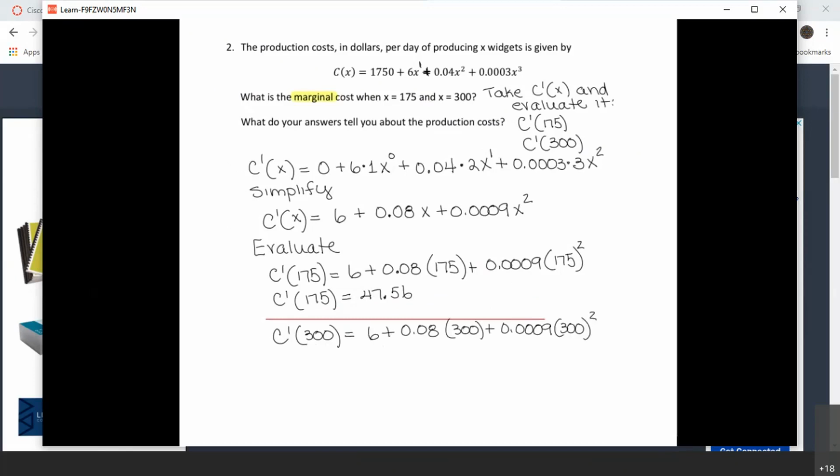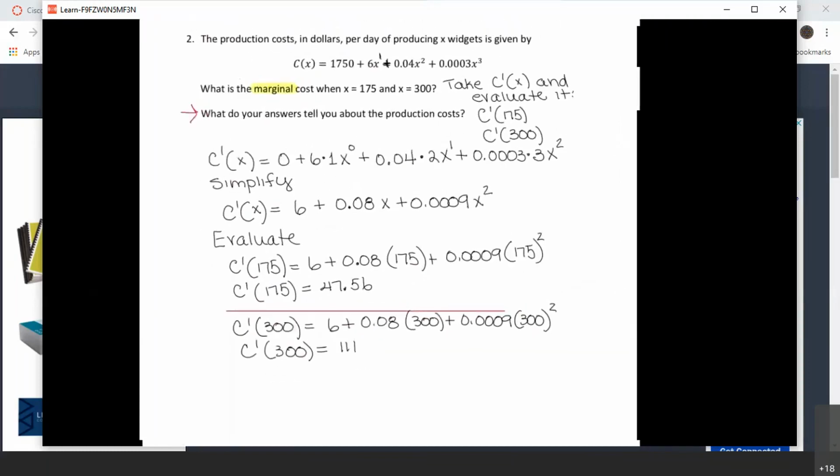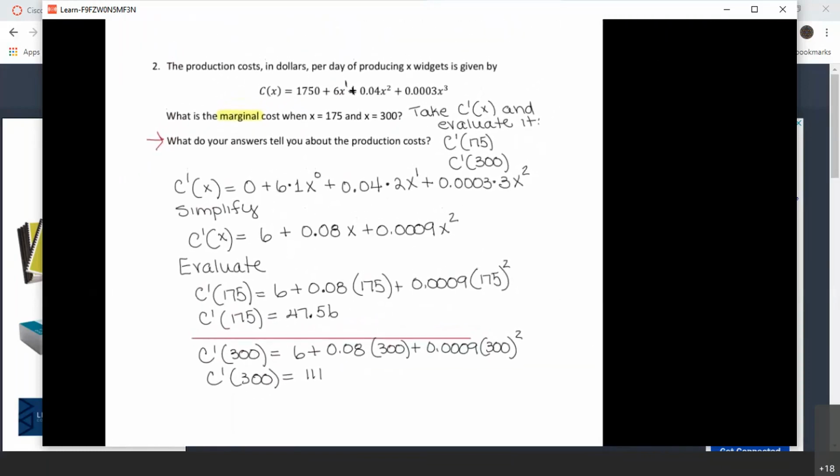And again, we're going to do it exactly the same way. I'll just share this with you. Now, what's important in order to answer the question, because remember, there's two parts to the question. The second part to the question is asking you, what does it tell you about production costs?